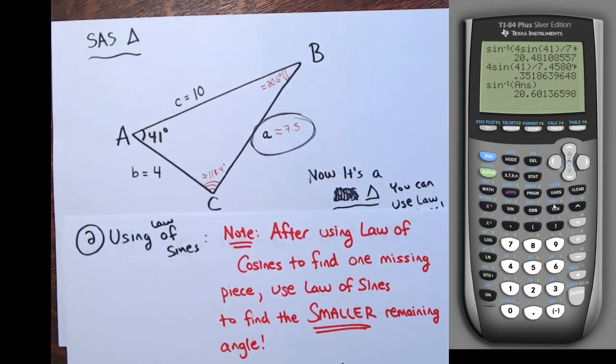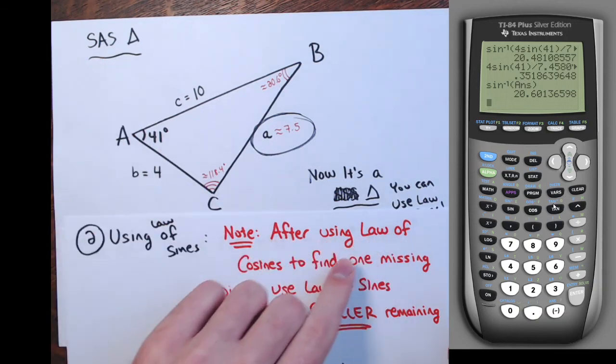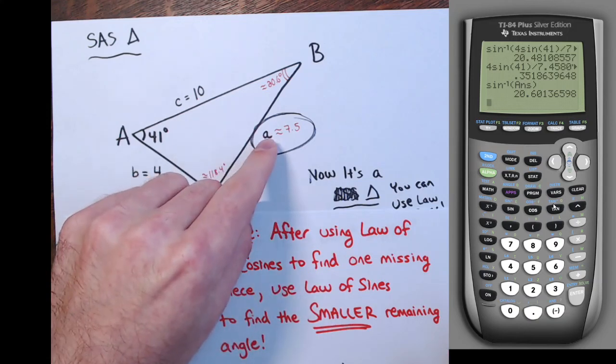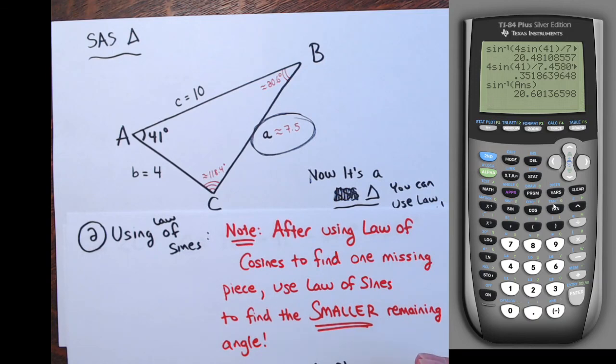But yes, in this side-angle-side case, after you use the law of cosines to find that missing side, you can use the law of sines if you want to find these. I would recommend doing it with the smaller remaining angle, because if you do the larger one, that might be obtuse, and the inverse sine doesn't give you obtuse angle measures.